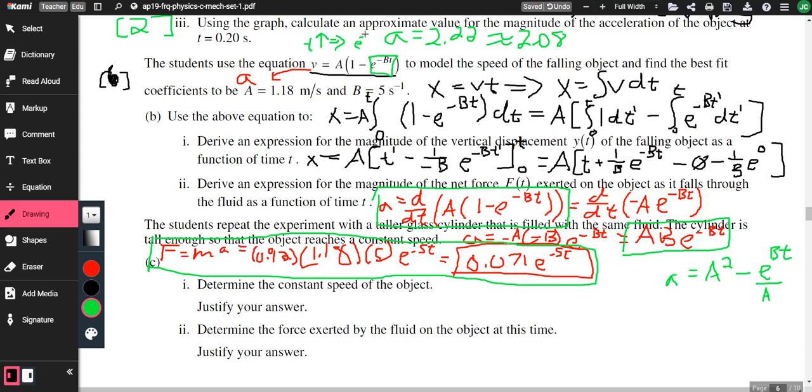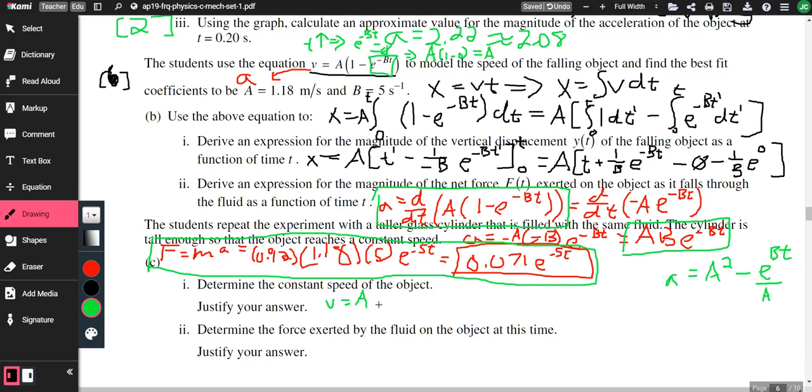So e to the negative bt becomes zero. Because of that, this will eventually become a times 1 minus 0, which is just equal to a.